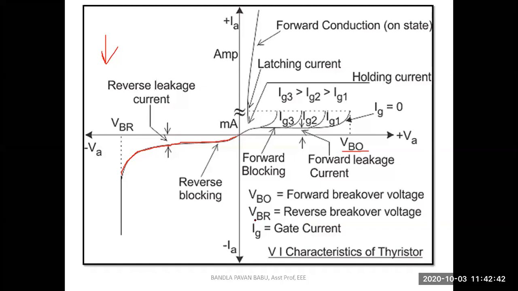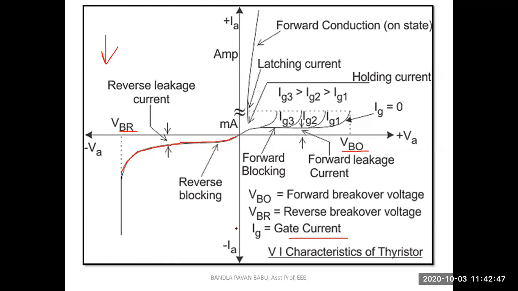The reverse breakover voltage is denoted as VBR, and Ig is the gate current, which is supplied with the help of the ES that you have seen in the circuit. And look at all this current: reverse leakage current, of the order of some milliamps, in the reverse blocking state. This is the forward leakage current, and the latching current. All these things we'll discuss further.